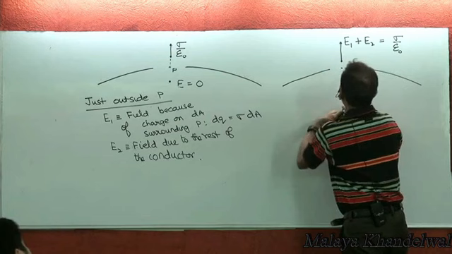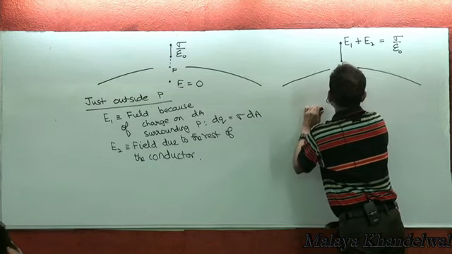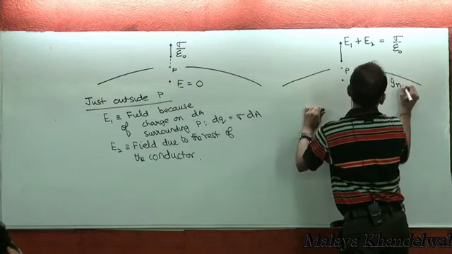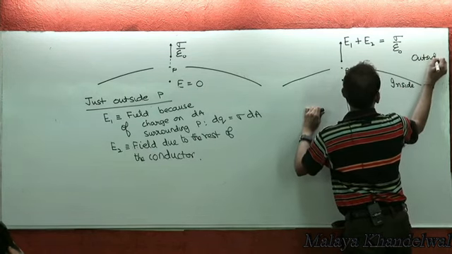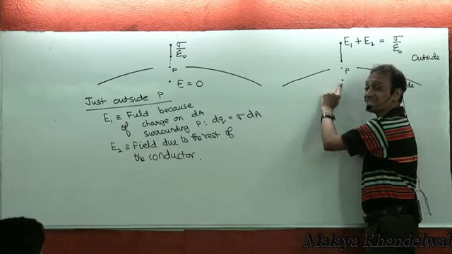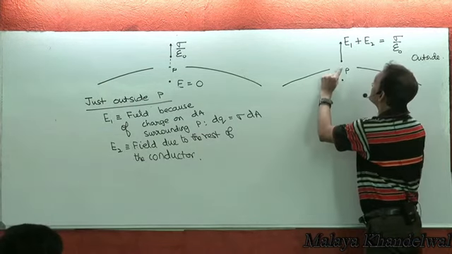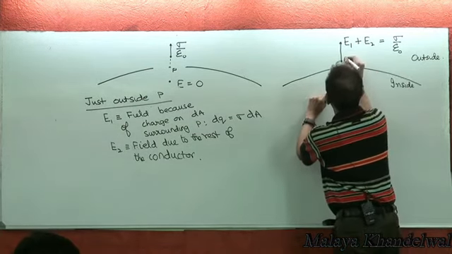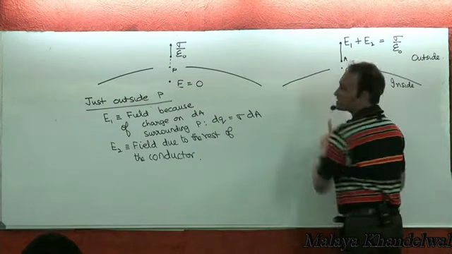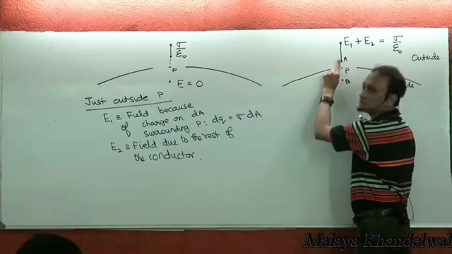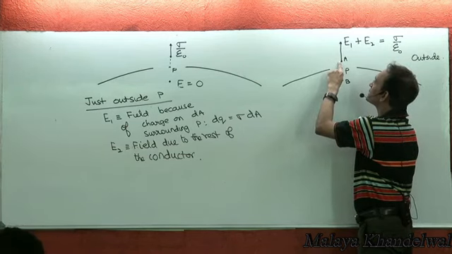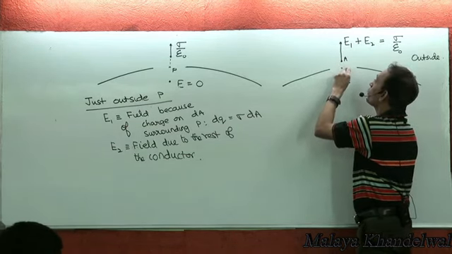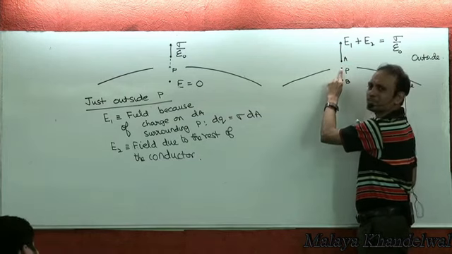Now, I look at a point just inside the conductor. This is the inside and this is the outside. Let me look at a point just inside the conductor. As far as these points A and B are concerned, the electric field at A because of this is almost like a point charge.